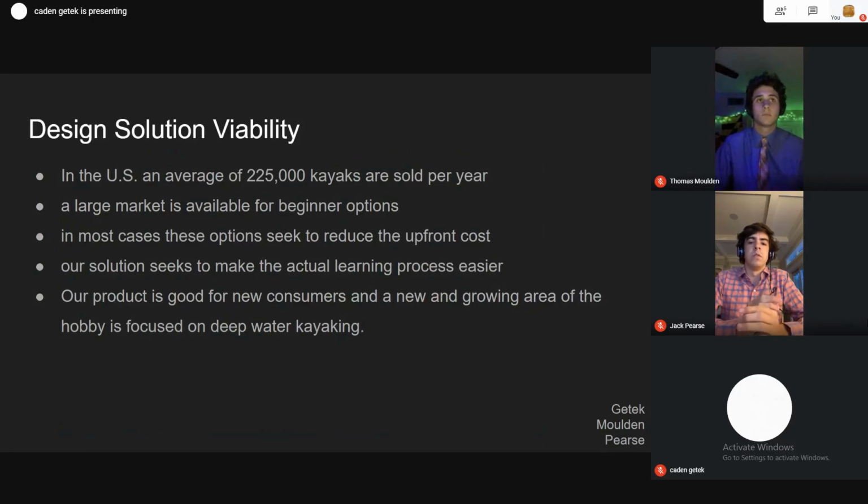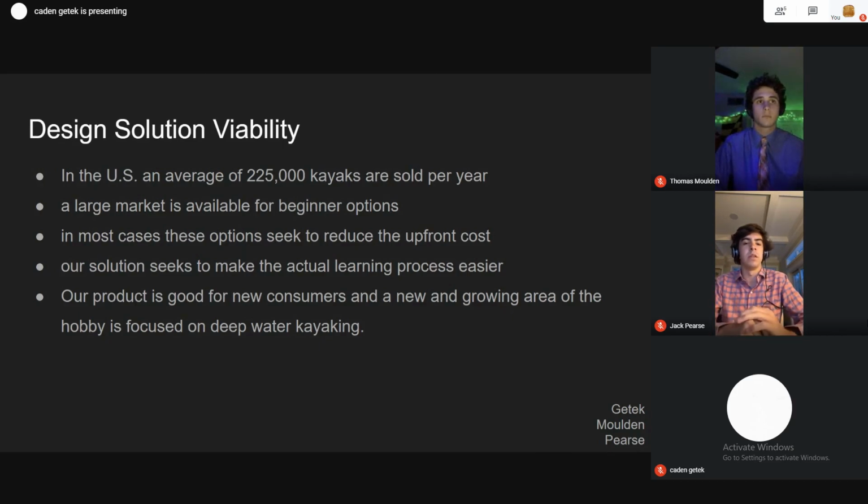So, design solution viability. This is why we think, if we were to create this project, we'd be able to have some success in the market today. In the United States, there are approximately 225,000 kayaks sold per year.